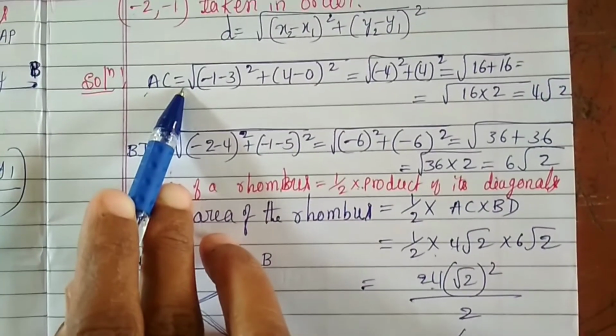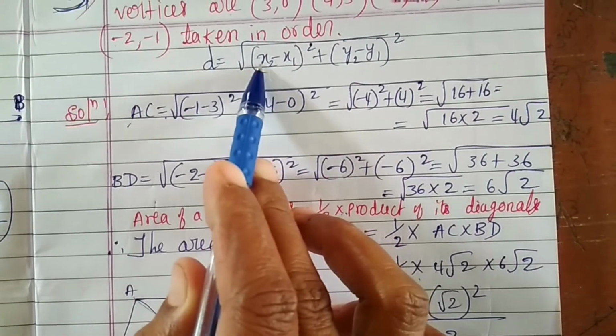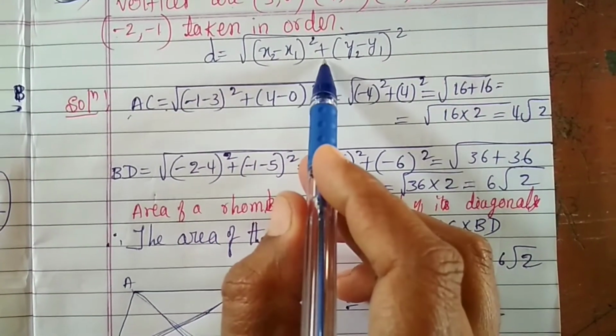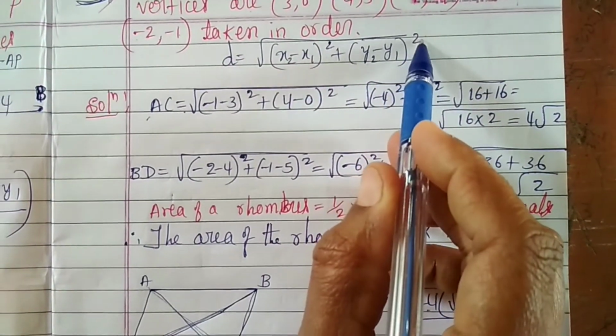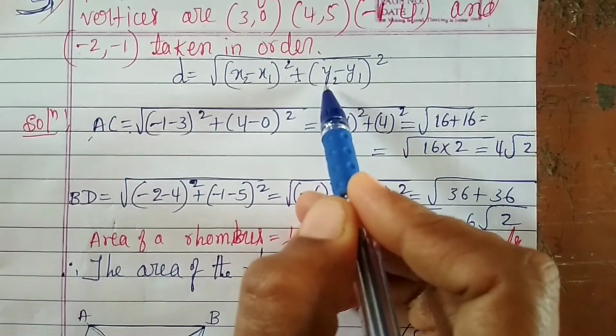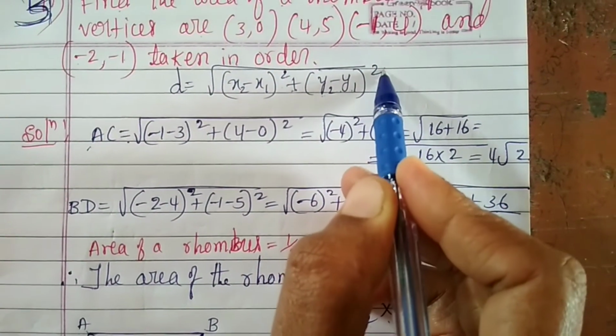AC is equal to root of, apply the distance formula, x2 minus x1 whole square plus y2 minus y1 whole square.